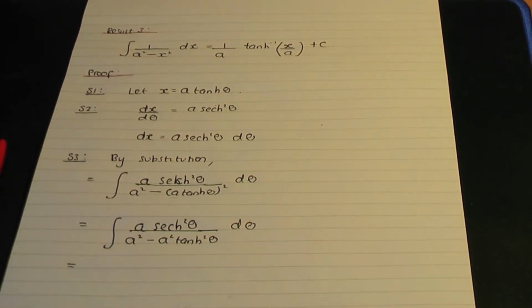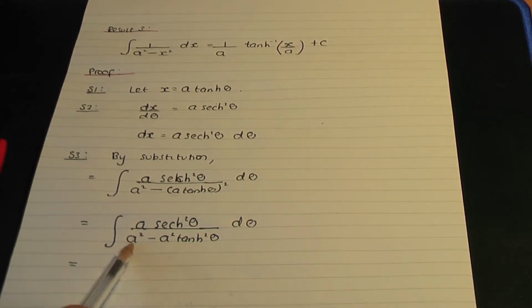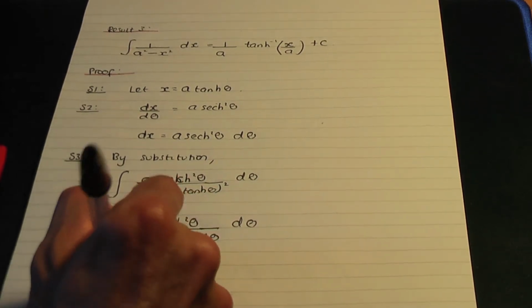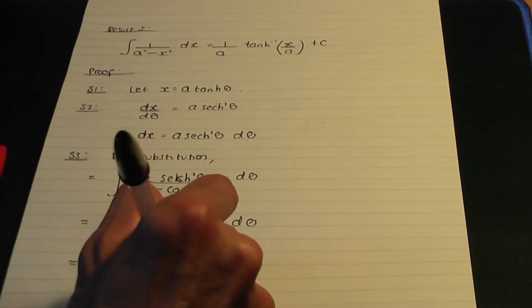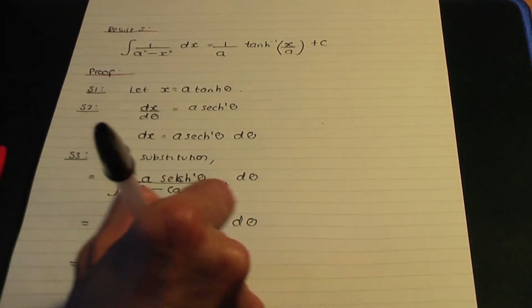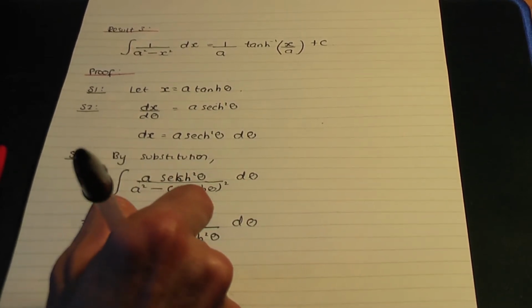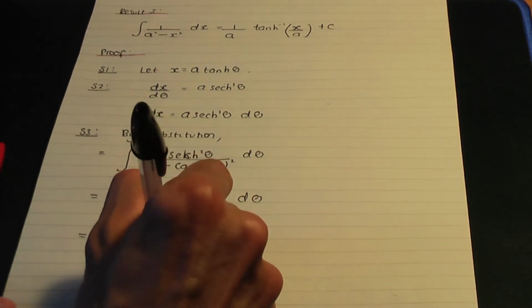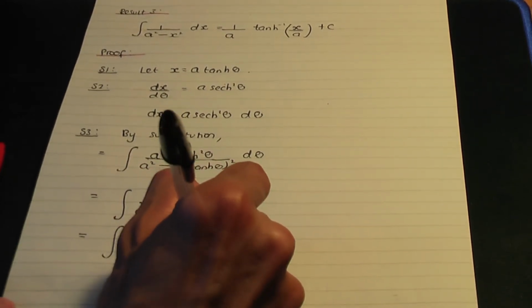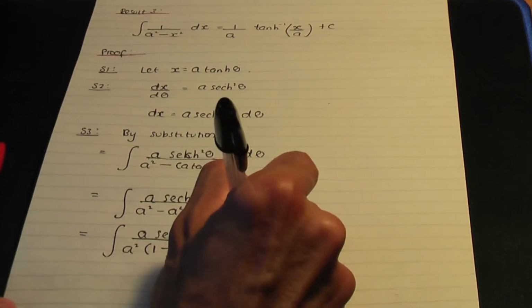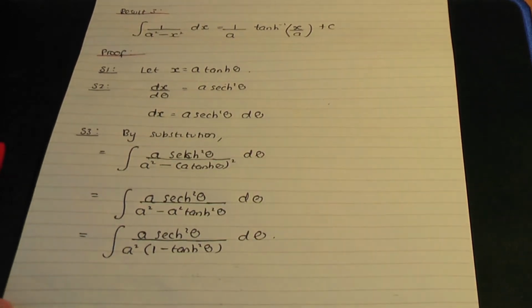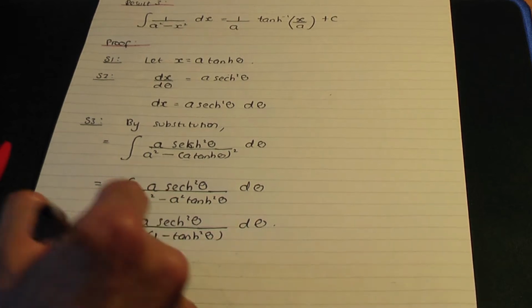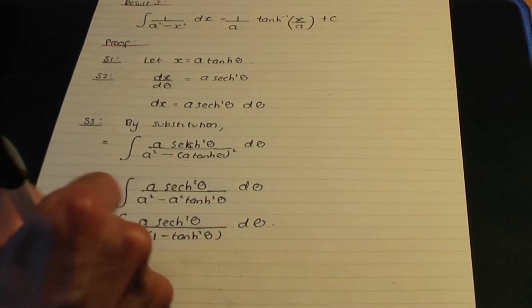Okay, so in order to simplify, I'm going to take out a common factor of a squared in the denominator. So I have a hyperbolic sec squared theta on top, and taking out a common factor of a squared below will leave me with 1 minus hyperbolic tan squared theta.